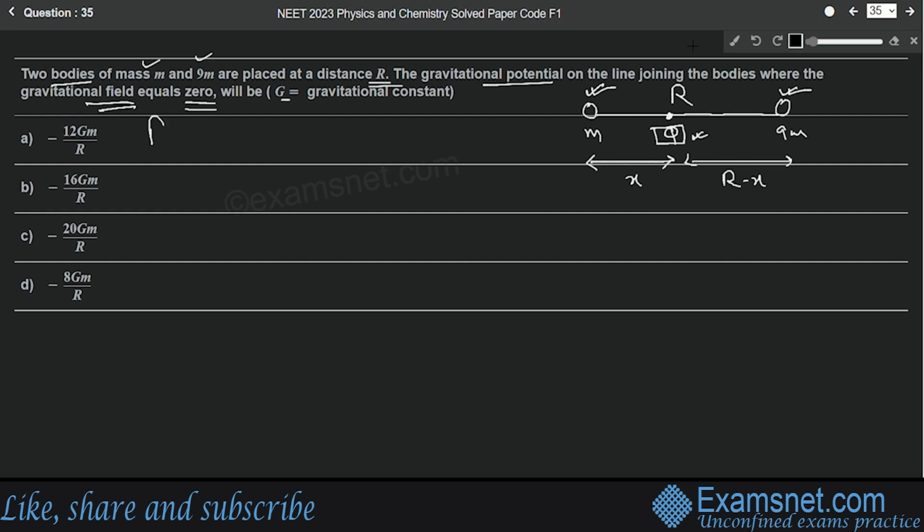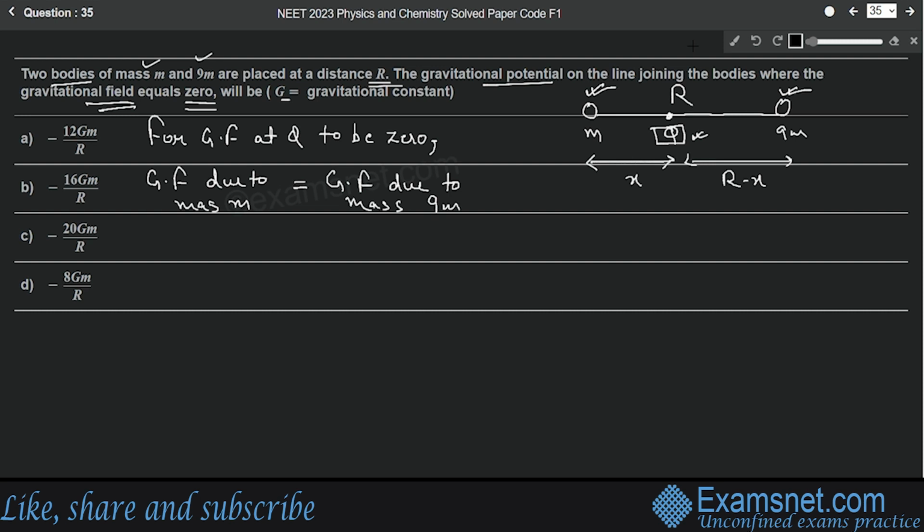So for the gravitational field at Q to be 0, the gravitational field due to mass m must be equal to the gravitational field due to mass 9m, so that they can cancel out each other.